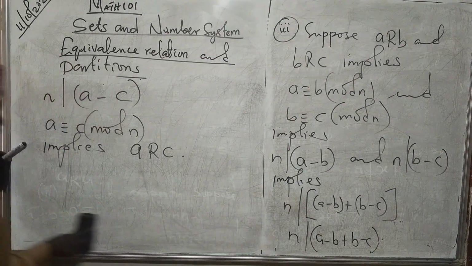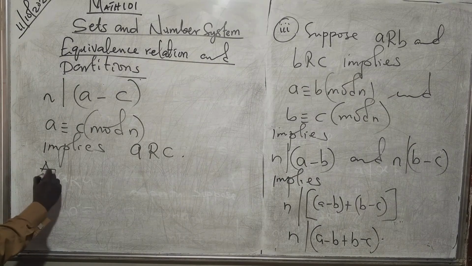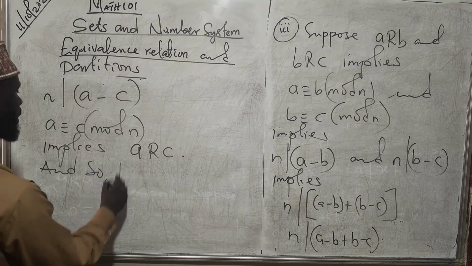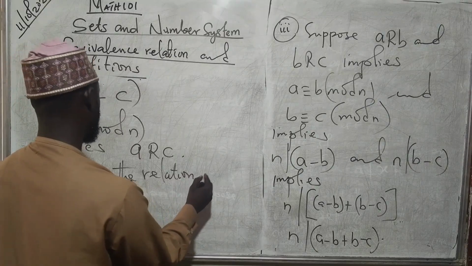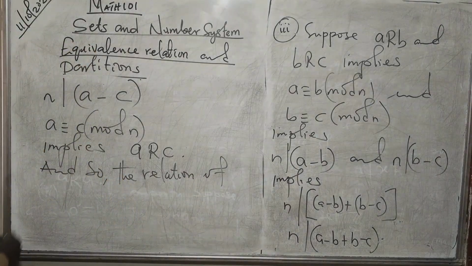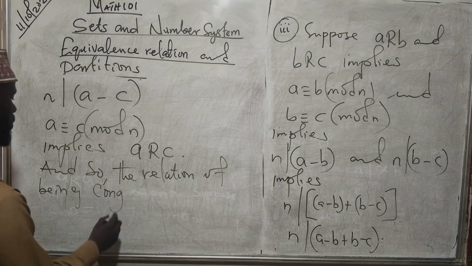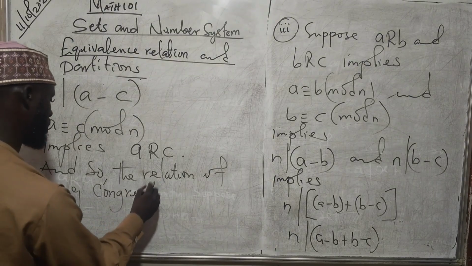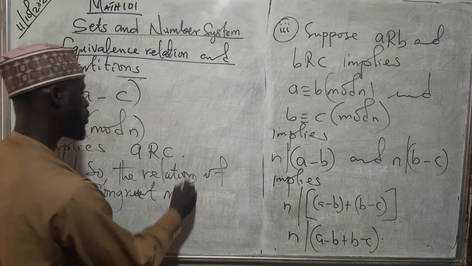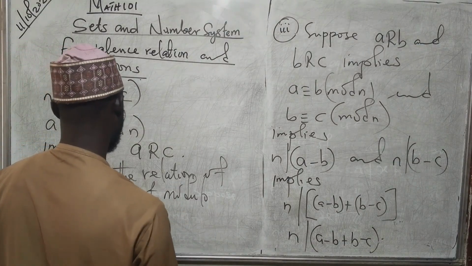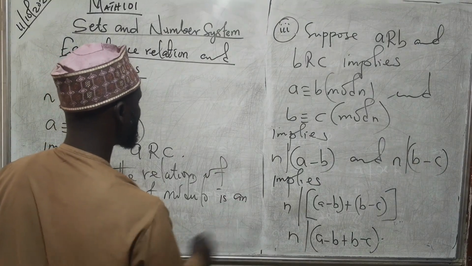And so the relation of being congruent modulo n is an equivalence relation.